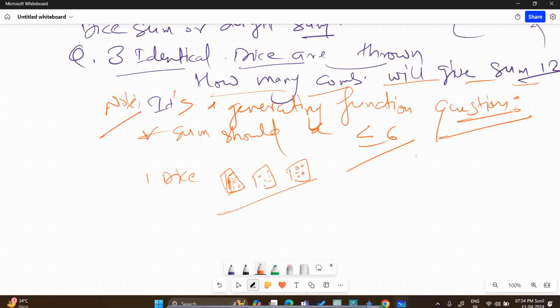So how can we calculate this? We can calculate this, but what is the formula approach?